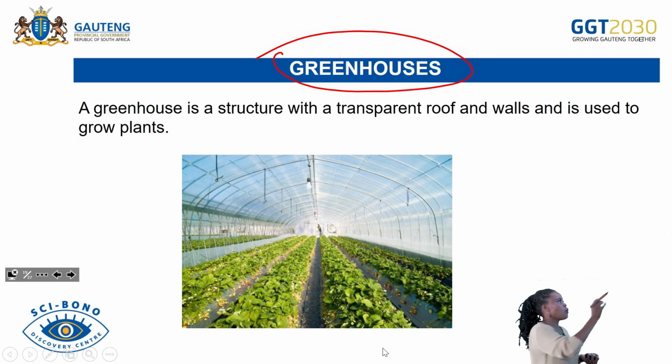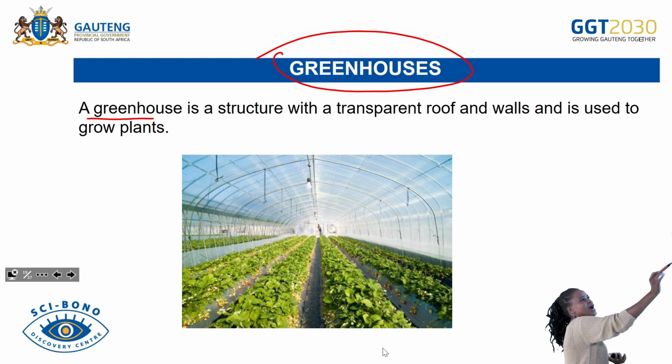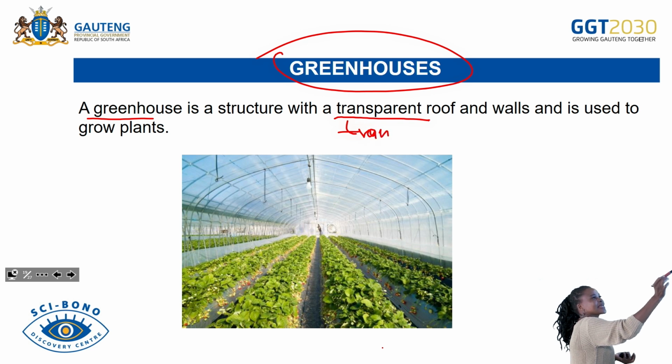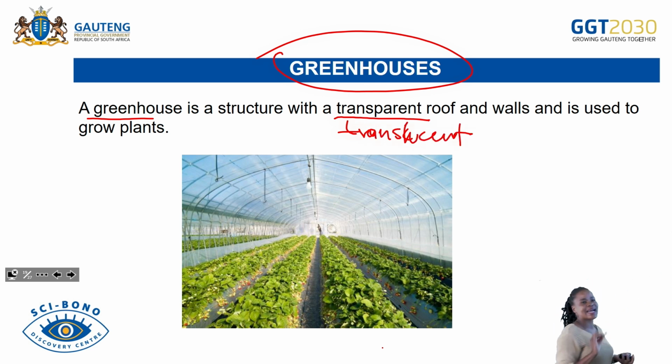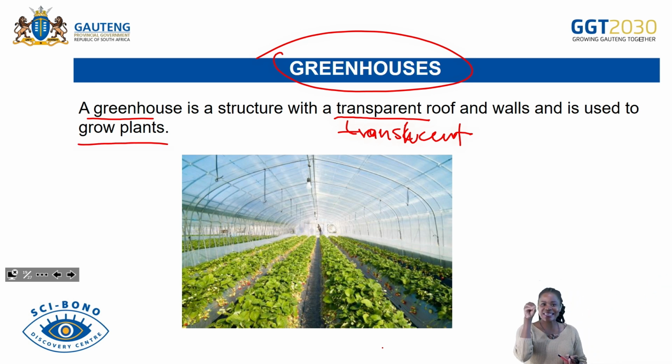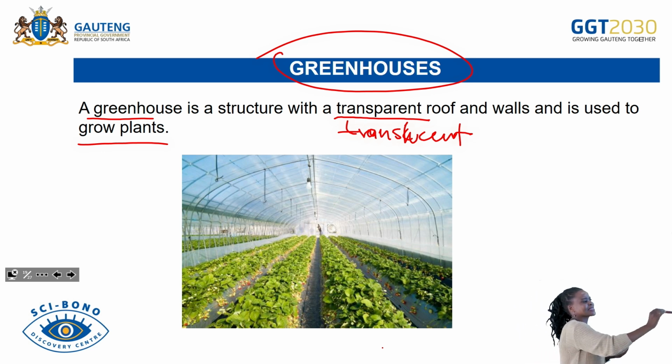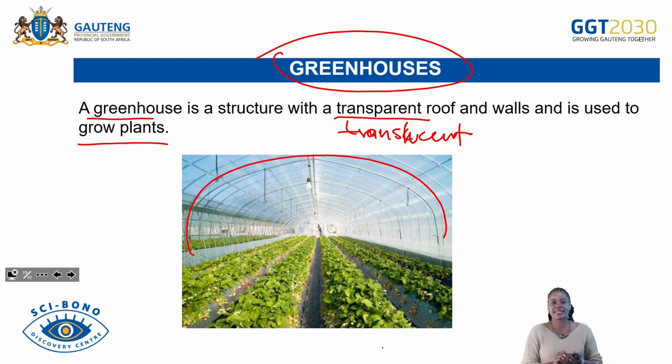Now, mostly our greenhouses are made up of transparent or translucent structures, mainly glass or transparent plastic. And why are they built in such structures? So that they are able to do what? To grow plants in them. So this is just an example of how a greenhouse looks.